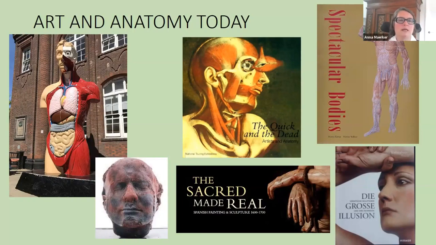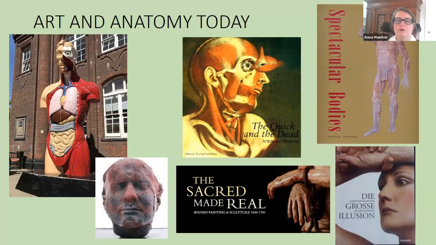And here's just a couple of examples. Next on the left, you see one of Damien Hirst's monumental anatomical models. On the bottom left, you've got Mark Quinn's self-portrait in blood.